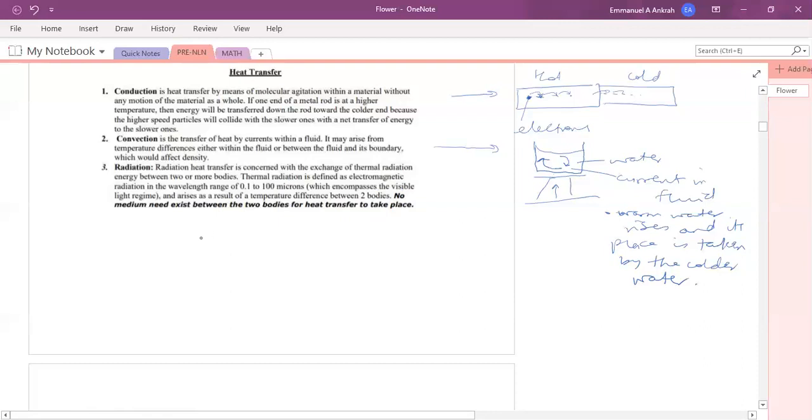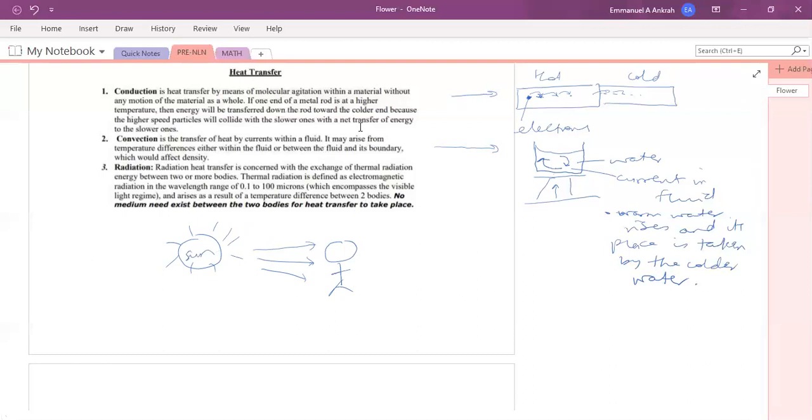Like the sun, you don't have to have contact with the sun for the object here to feel any heat. These are electromagnetic waves. Even in a vacuum, you can still feel the radiation. You don't need a medium between the two objects.